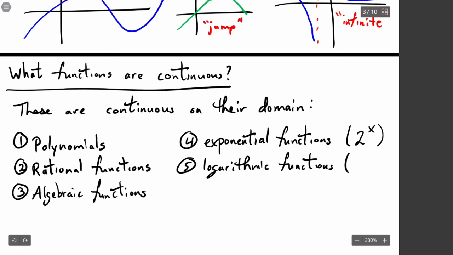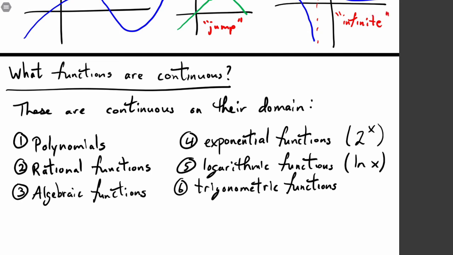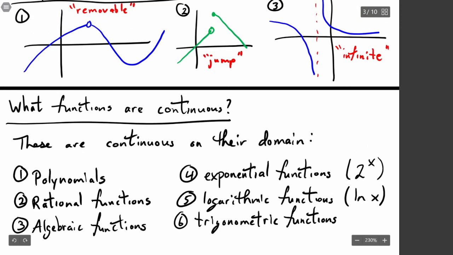And again, we'll talk more about these later, but this is stuff like ln of x. And lastly, trig functions. All of them: sine, cosine, tangent, and the other 3. So it's sort of good to know that we can take these building blocks of continuous functions and stick them all together and make bigger continuous functions.